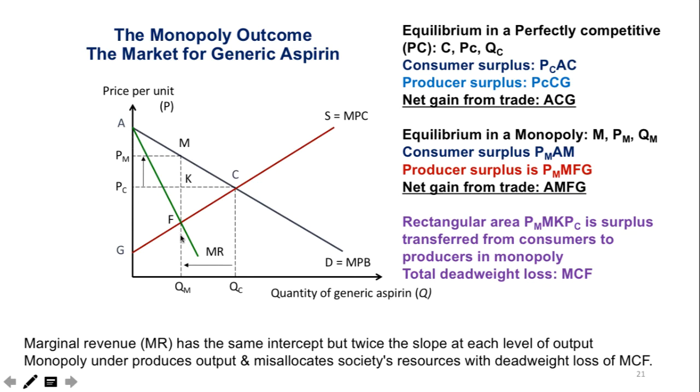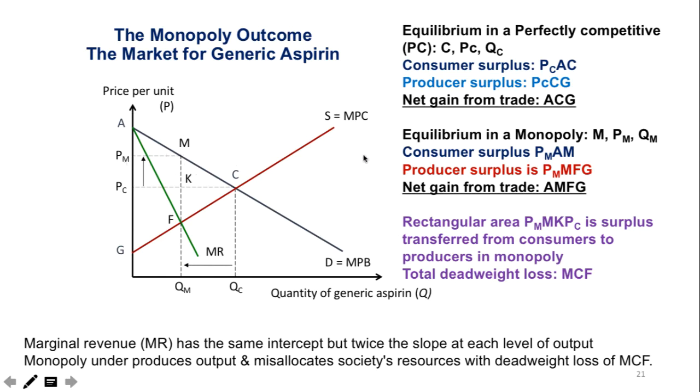So this is the marginal revenue, and the monopoly sets its level of production at the intersection of supply and marginal revenue, right? The quantity for monopoly is QM, and then they go up and intersect with the demand curve, and at that point they set their price at PM.